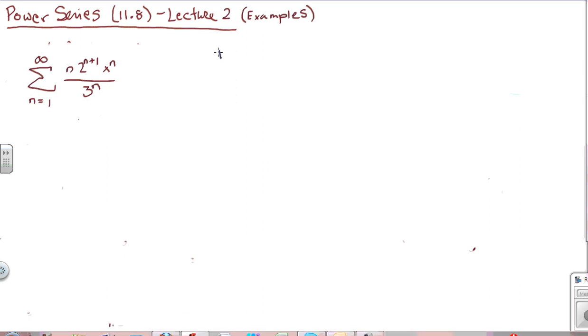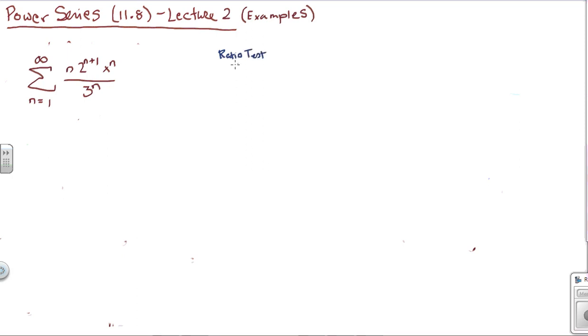So the ratio test is saying that it's going to converge absolutely if the limit of the n plus first term over the nth term is less than 1. So let's look at that limit. We're looking at the limit as n goes to infinity of the absolute value of the n plus first term.